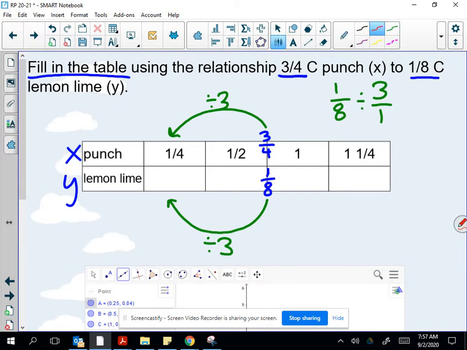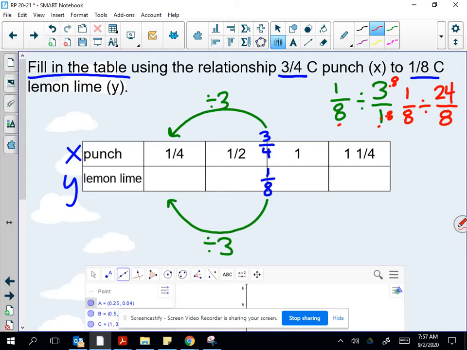Now, the common denominator of 8 and 1, or a common factor, would be 8. So 1/8 would stay the same. I need something over 8 that's equivalent to 3/1. To get from this denominator of 1 to a denominator of 8, I would be multiplying it by 8. So I'm also going to multiply 3 by 8, which is 24.